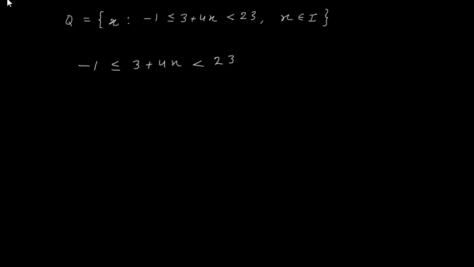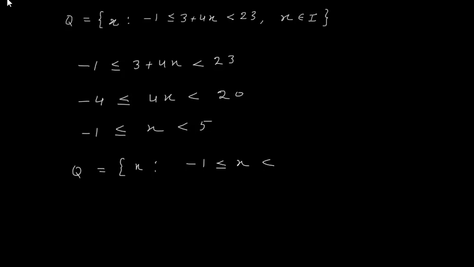Now we subtract 3 from all the sides. We get minus 1 minus 3, that is minus 4, less than or equal to 4x is less than 23 minus 3 is 20. And then we divide by 4, so we get minus 1 less than or equal to x is less than 5. So therefore we can say that Q is all x where minus 1 is less than or equal to x is less than 5.